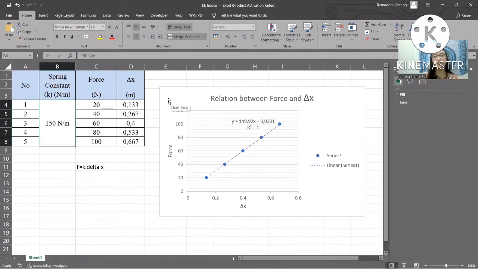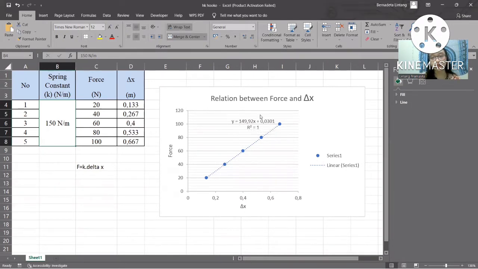And we can use the data that we got before to make a graph of the relation between the force and the delta x, or the displacement value of the spring.